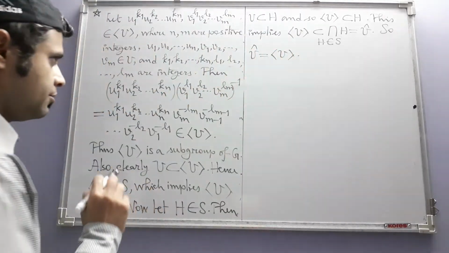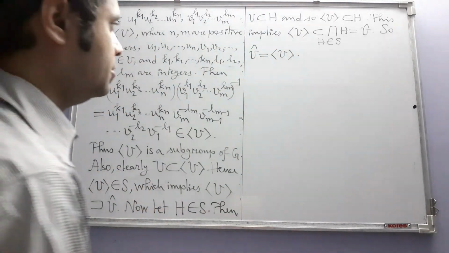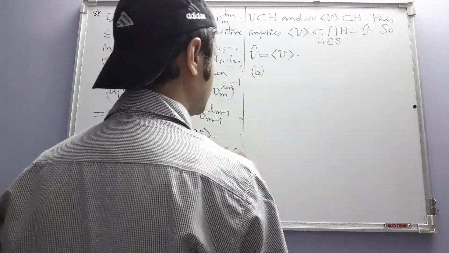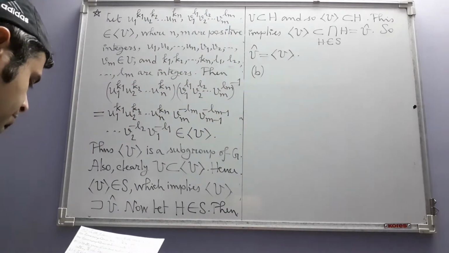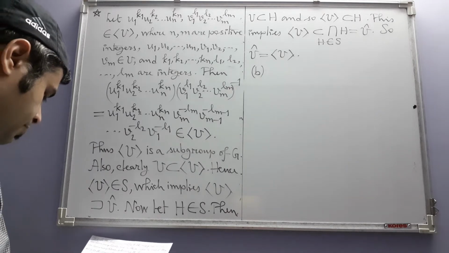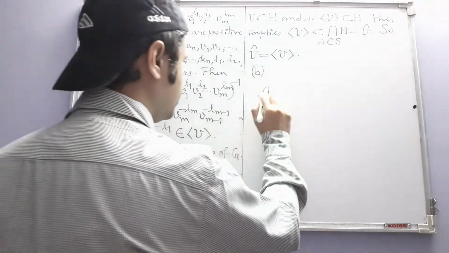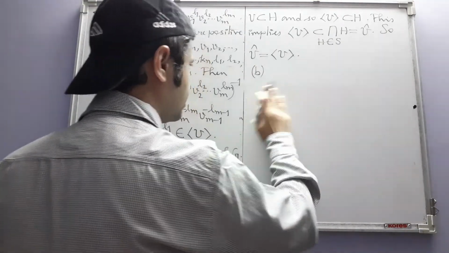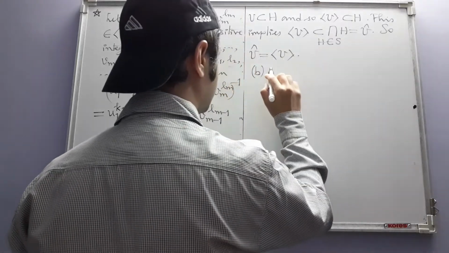Now we are ready to solve part B. In part B, we are given that condition that if you take any element of G, in fact let's just start by writing that.